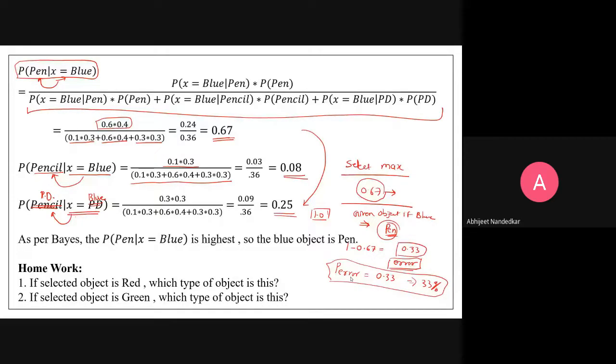The second part, same procedure. I hope you will solve this because it will give you very good practice, so try to solve it on your own. If the selected object is green, what type is it? This will be a very good exercise to understand the basics of machine learning.